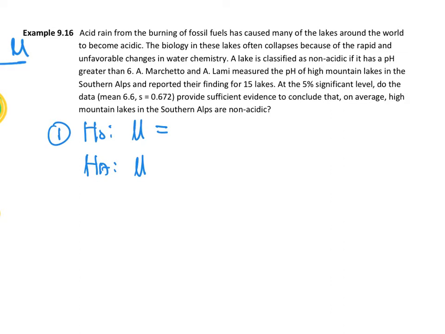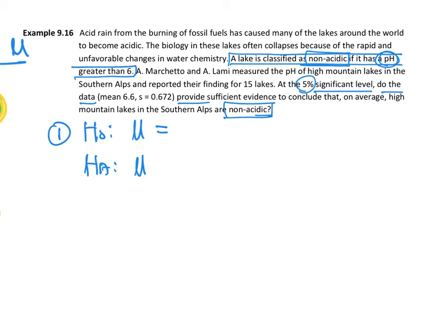So when you read example 9.16 carefully, the claim was at 5% significance level. Do the data provide evidence that the lake is non-acidic, right? Somewhere here, it is a definition of non-acidic: when pH is greater than 6.